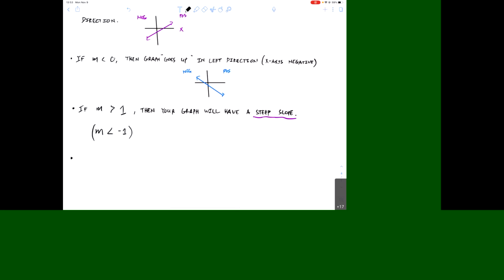So then you have something like this. If m is between -1 and +1, then your graph will have a shallow slope.